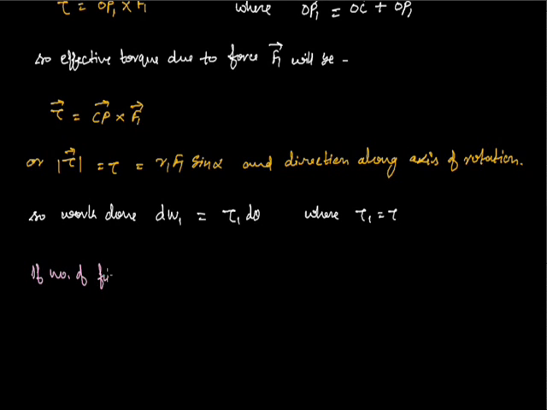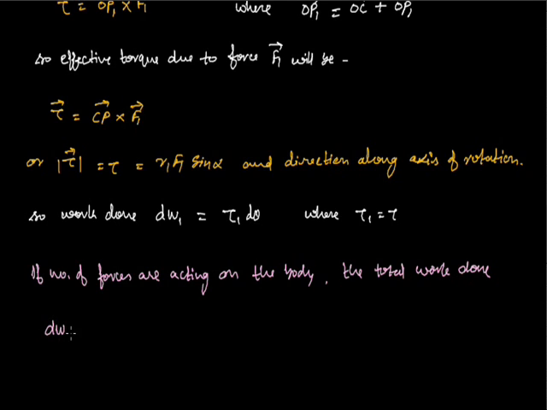So if a number of forces are acting on the body, the total work done dW will be equal to tau 1 plus tau 2 plus tau 3 and so on, multiplied by d theta, because the angular displacement of all the particles is the same in the same time interval.